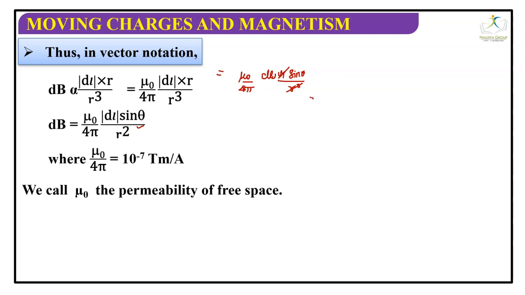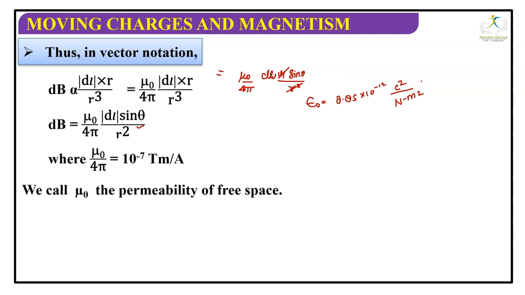Earlier we saw epsilon naught, if you remember. That value is 8.85 times 10 to the power minus 12 Coulomb square per Newton meter square, and it gives the permittivity of free space.